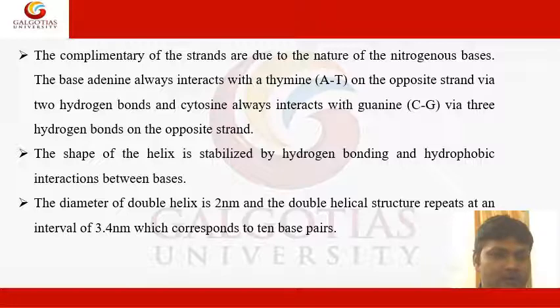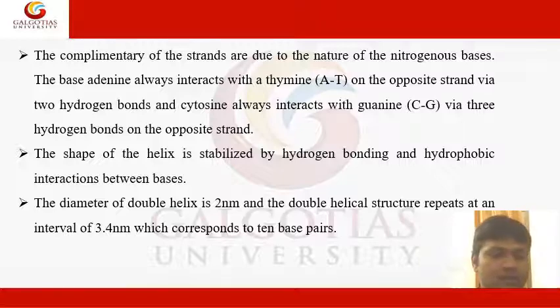The complementary strands are due to the nature of the nitrogenous bases. The base adenine always interacts with thymine, that is A-T pairing, on the opposite strands by two hydrogen bonds, and cytosine always pairs with guanine by three hydrogen bonds on the opposite strands.